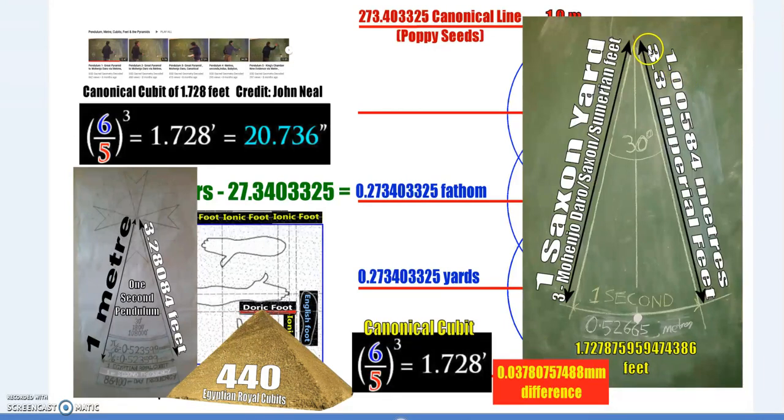But now we look at the Mohenjo-Daro, or the Saxon yard, of 3.3 feet, which is 1.00584 meters. Well, that creates an arc of 0.52665 meters, or 1.7278 feet.